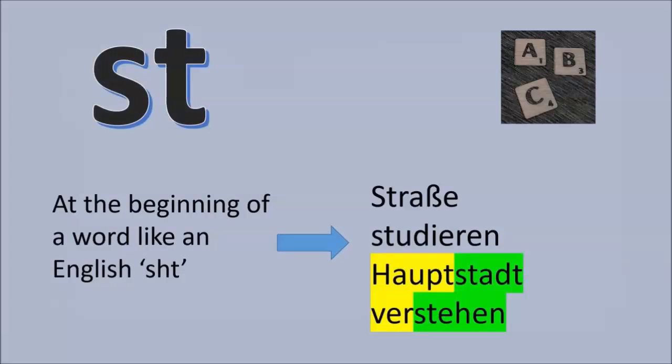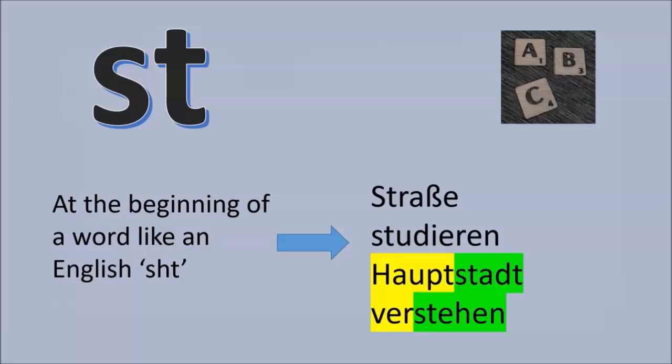So Straße, studieren. And again, I've got two words here which are a combination of two words. So Hauptstadt, because Stadt starts with an st, so that's Stadt. And we just put something in front of it, but that doesn't change the pronunciation of Stadt.